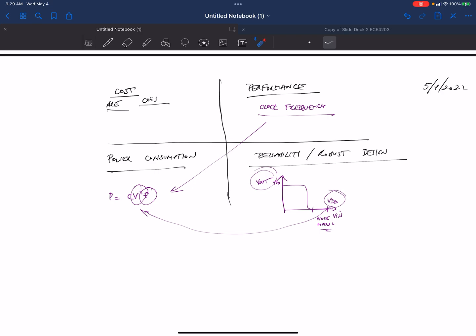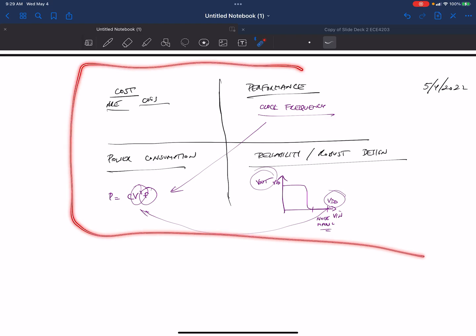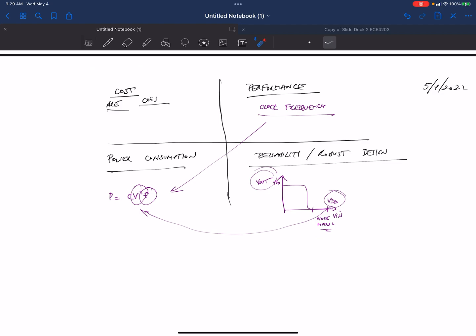Now what I was hoping for the presentation was that we would be able to, for each one of your chips, do some quantitative analysis in regards to all four of these metrics. The problem that I see is that the only quadrant here that seems like it's really even possible to do any kind of quantitative analysis is this cost quadrant.